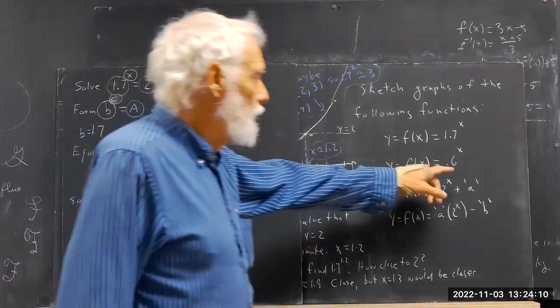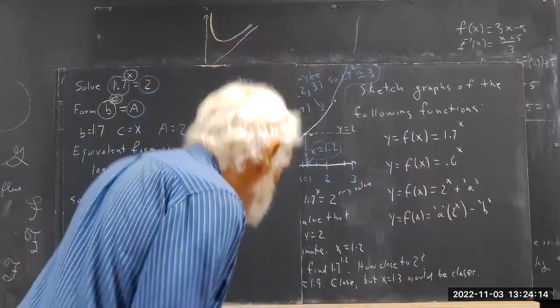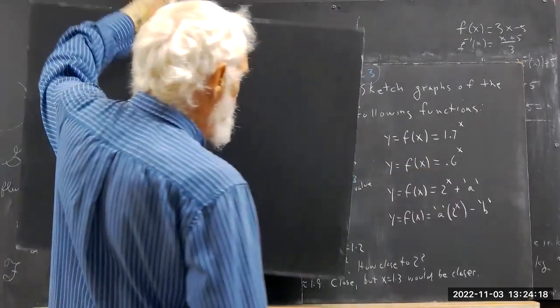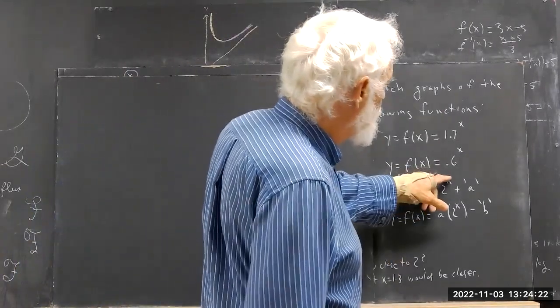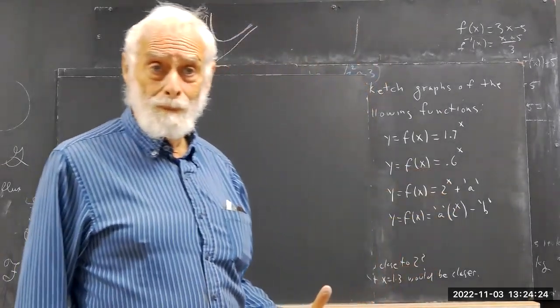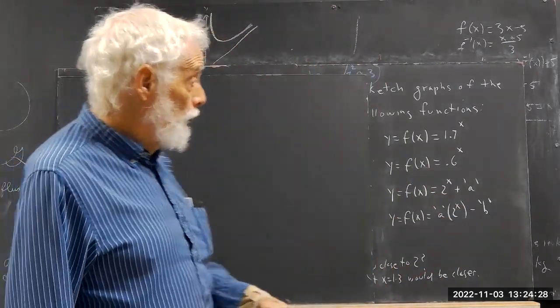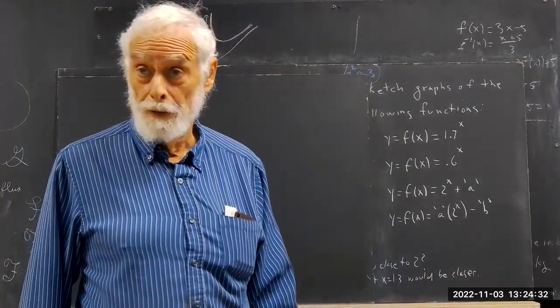How would you do 0.6 to the x? Well, 0.6 is less than 1. And you know from the homework that if you graph an exponential function with a base less than 1, it's going to be a decreasing exponential.